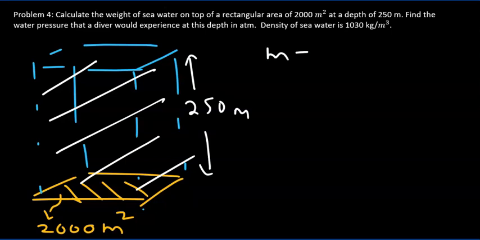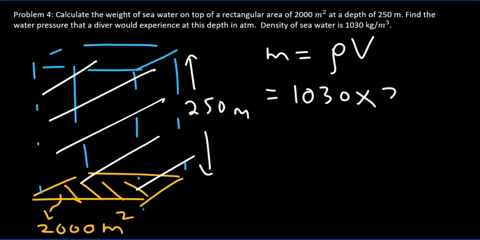So the mass is given by the density of water times the volume of that rectangular block. The density of water is 1030. The volume of this block is the area, which is 2000 square meters, times the height, which is 250 meters.